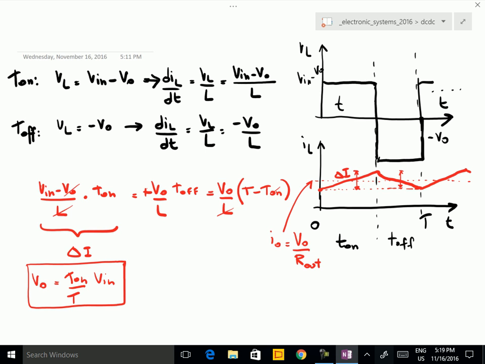If you want the same output voltage, the only thing that you need to do is to increase a bit the duty cycle in order to compensate the decrease of the V in. This is what happens typically in a buck converter.